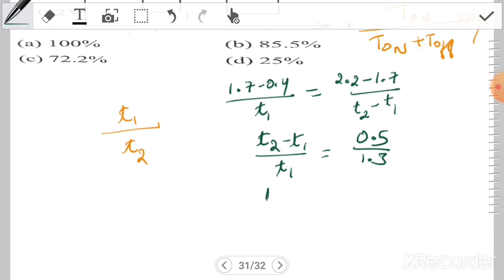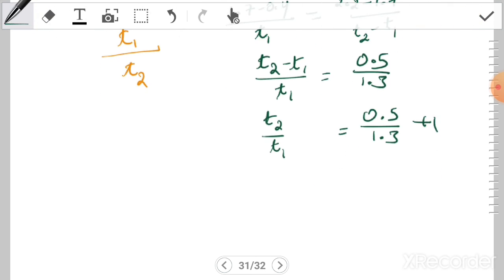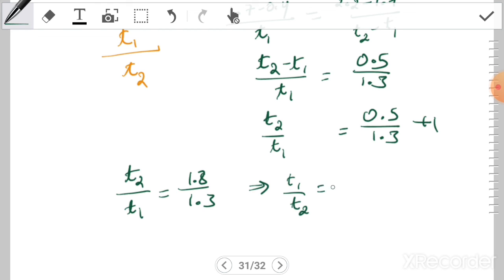This is T2 by T1 minus 1 equal to 0.5 by 1.3. So if this comes here, plus 1, we have T2 by T1 as 1.8 by 1.3, or T1 by T2 as 1.3 by 1.8.